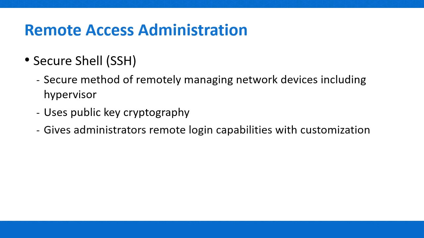And what it does is it gives us a channel, a pretty quick and secure channel, and gives administrators remote logon capabilities along with customization. That customization includes the ability to authenticate the users, which typically we would do in addition to the encryption, along with different levels of encryption that are required in mutual authentication.